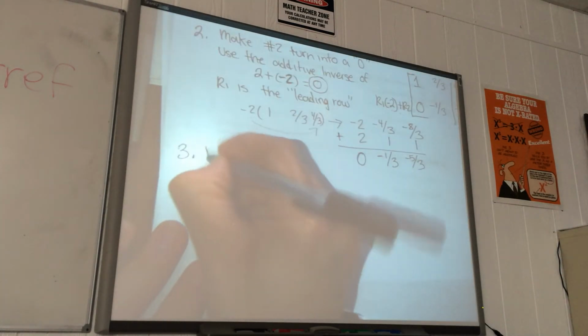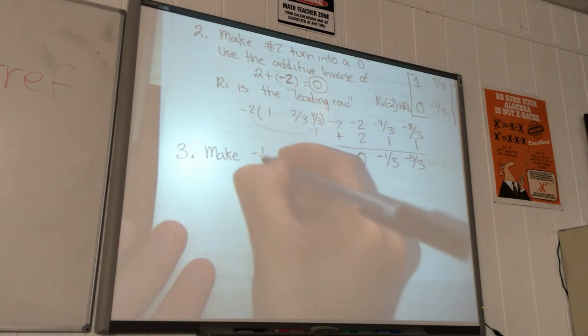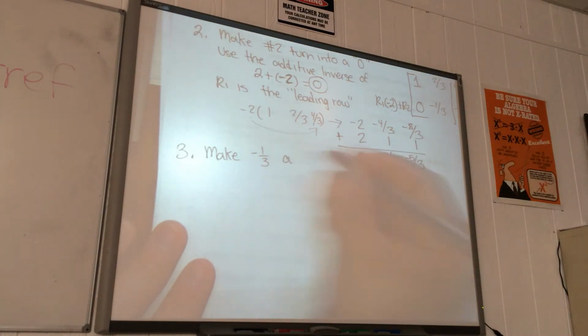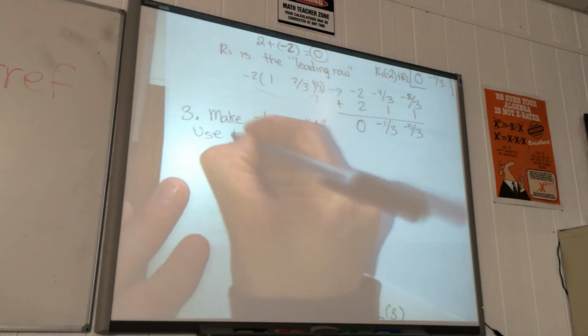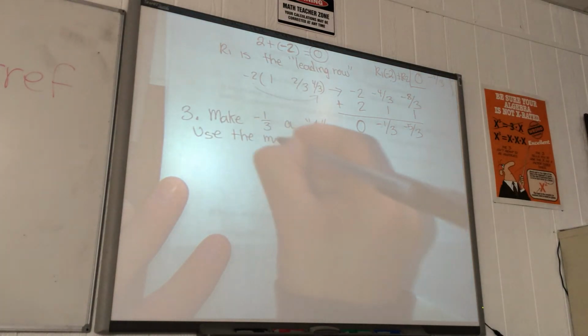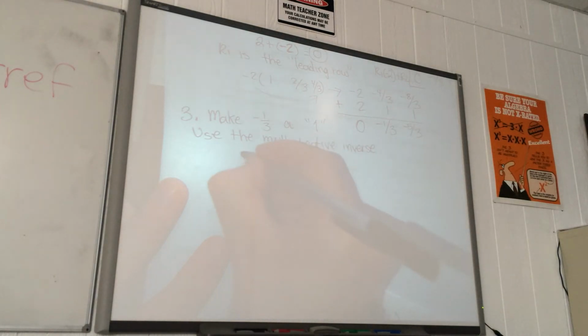And we need to make negative 1/3 a 1. So to do that, we're going to use the multiplicative inverse. So if we have negative 1/3, what do we need to multiply that by to get a 1?